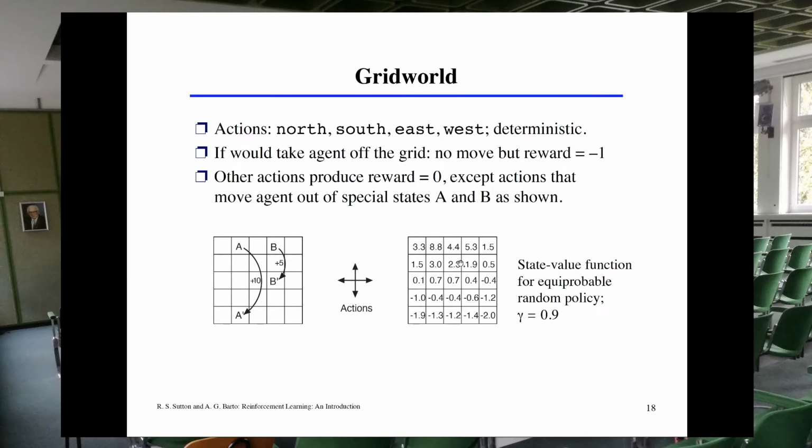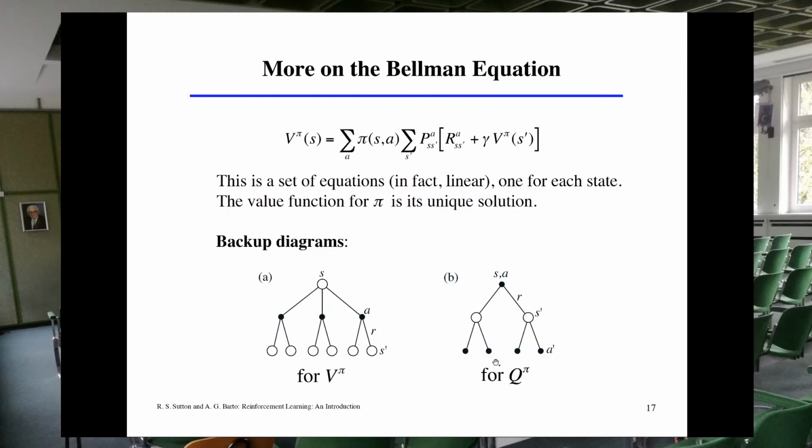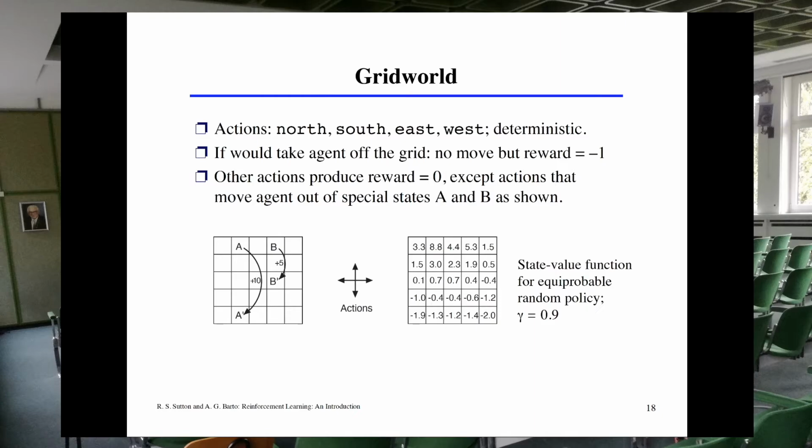And if you notice, state A has the largest value, it is the most important state with a value of 8.8, and the second most important state is state B with a value of 5.3. This has been learned by estimating the value function for each of the states using this formula here. So this is the general idea behind reinforcement learning: to discover which states are more important in order to maximize the amount of reward.